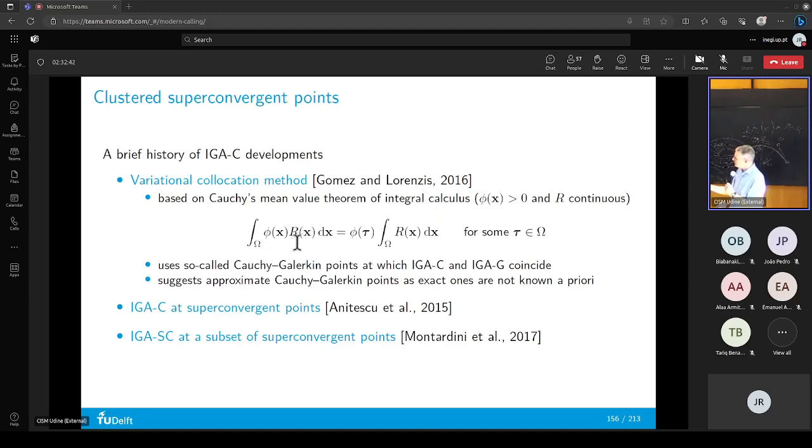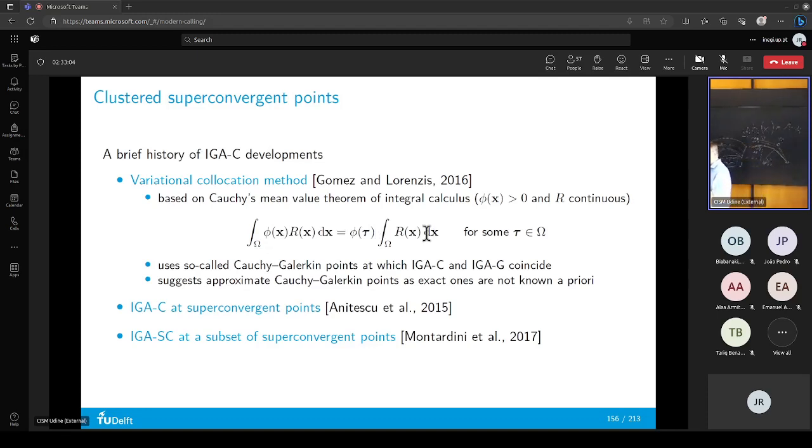Then if we integrate over the product of a test function and R, of course Cauchy didn't call it test function and R, that's what I do, then there exists some tau in the integration domain so that I can pull out this all positive test function and just have to integrate over that.